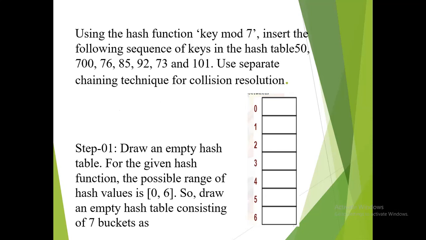Use the separate chaining technique for collision resolution. First, draw an empty hash table for the given hash function. The possible range of the hash value is 0 to 6. So draw an empty hash table consisting of 7 buckets.